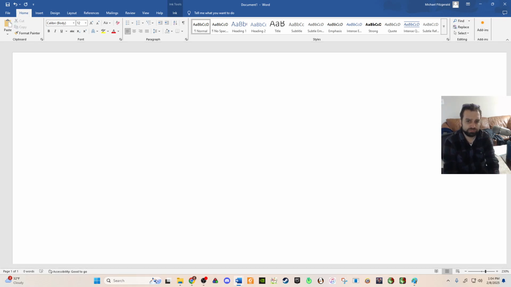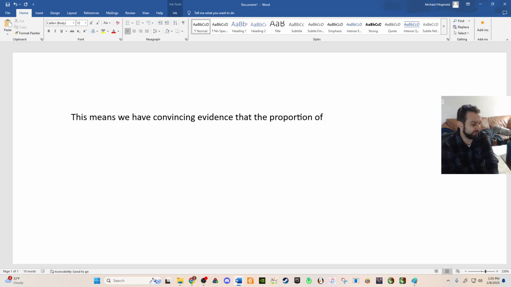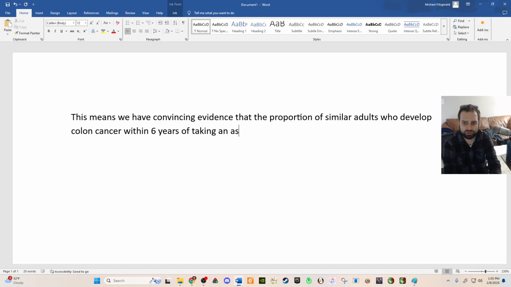Wouldn't I say this means we have convincing evidence that the proportion of, in this case, let's say similar adults who develop colon cancer within 6 years of taking an aspirin every day, that proportion is lower than the proportion of similar adults who do not.